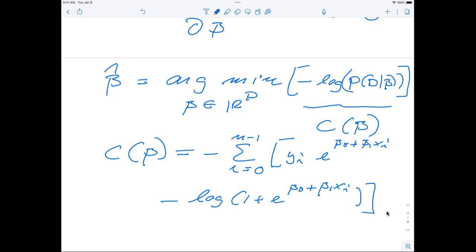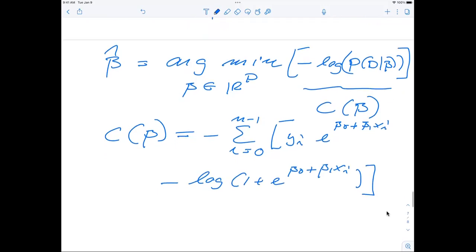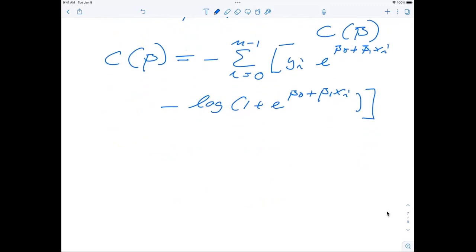And then I can calculate the derivatives with respect to beta 0 and beta 1. These are the parameters.